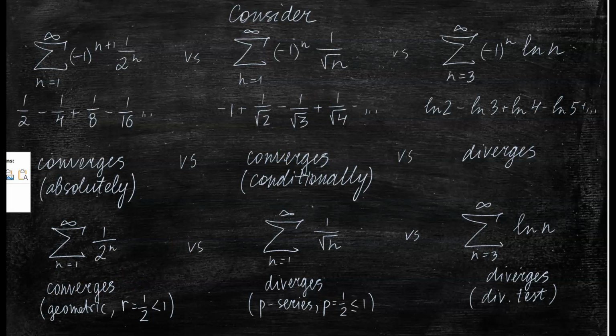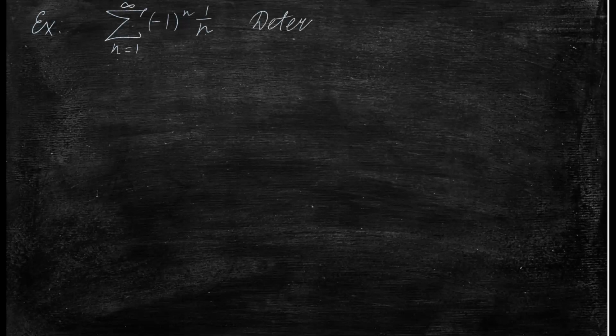And now the first thing that we need to learn is to identify whether we have an absolute or conditional convergence for a given series. So given this series, let's determine whether it converges or diverges.